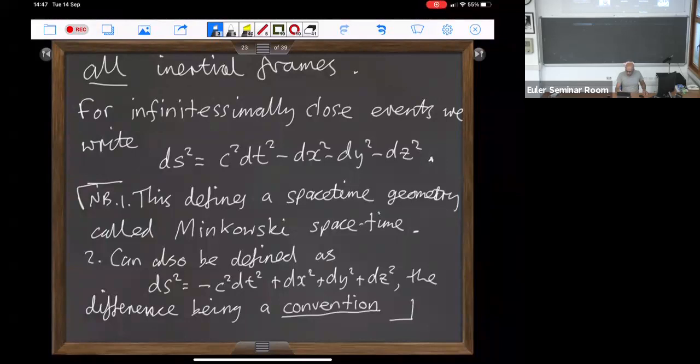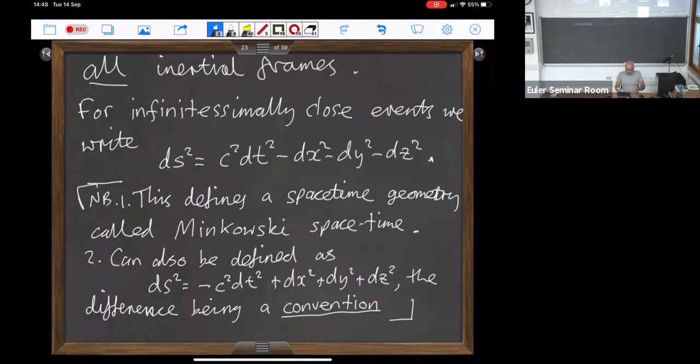The first note in the bracket here is that this defines a space-time geometry, which is called Minkowski space-time. We usually think of the space-time, which is the set of values of the coordinates x, y, z, and t, as defining a 4-dimensional space-time manifold.